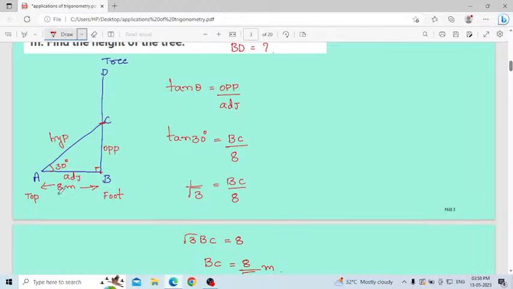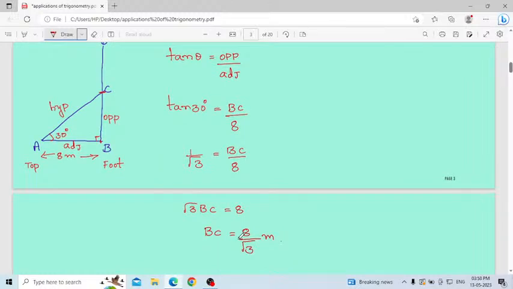AB is the adjacent, its length is given as 8 meters. Substitute. You know the value of tan 30 degrees is 1 by root 3, equal to BC divided by 8. Cross multiply, you will get root 3 BC equals 8. Then BC is 8 by root 3 meters.